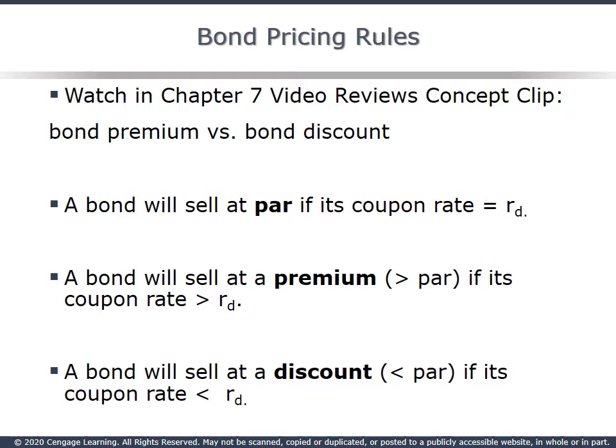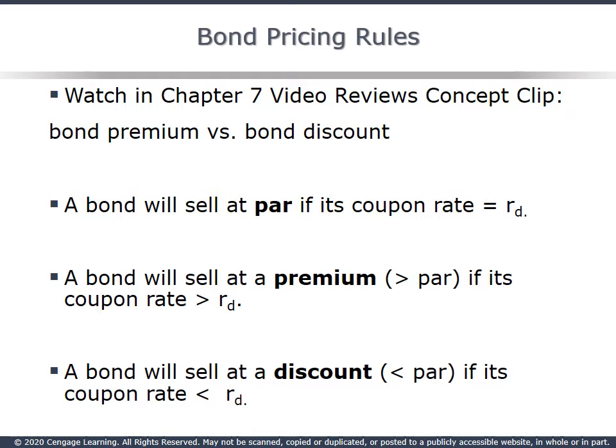A bond will always sell at its par value if its coupon rate is equal to its yield to maturity. On the other hand, a bond is going to sell at a premium, that means at a price greater than its par value, if its coupon rate is greater than its yield to maturity.